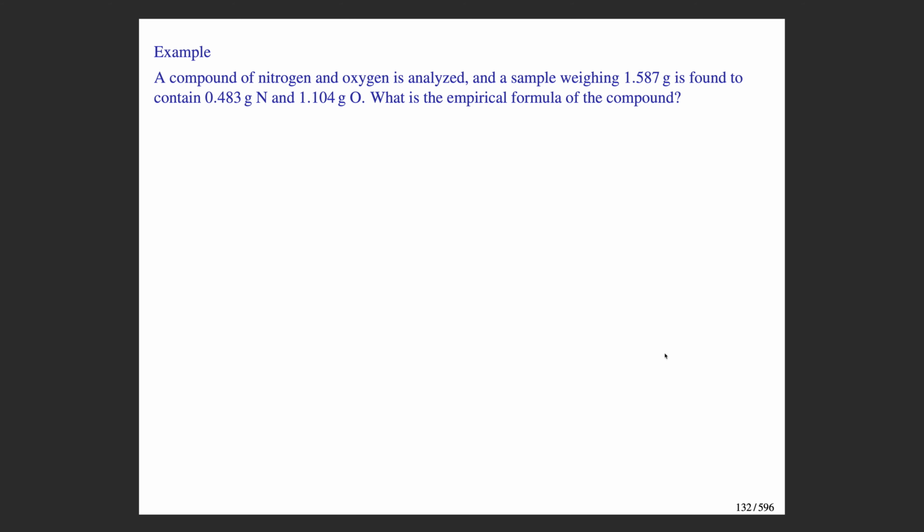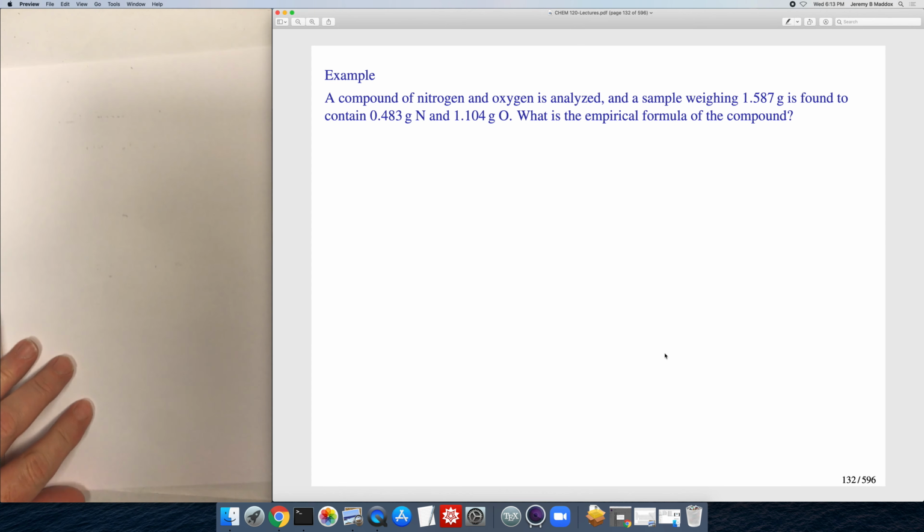So what are we being asked to do here? We've got a compound of nitrogen and oxygen, and we know the mass of our sample. An elemental analysis shows that it has 0.483 grams of nitrogen and 1.104 grams of oxygen. We're being asked to determine the empirical formula for this substance.